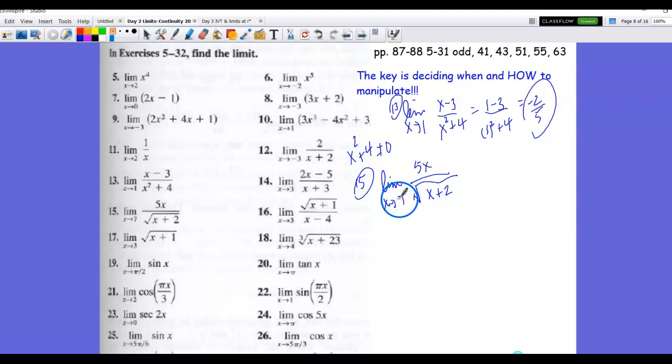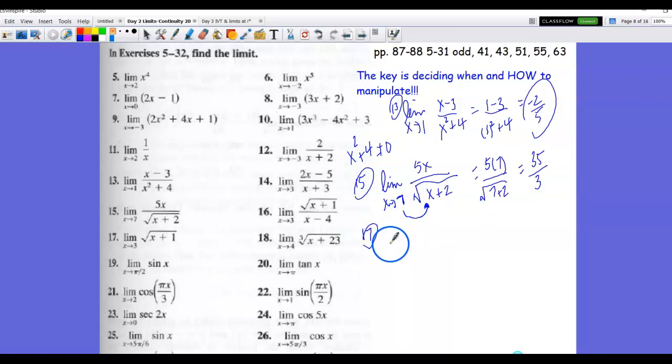Since I'm approaching an x value of 7, if I substitute 7 in place of x, I don't create a discontinuity, so I can use direct substitution. The square root of 7 plus 2, so 7 plus 2 is 9, and the square root of 9 is 3. So the first ones are really easy. They're just direct substitution problems.